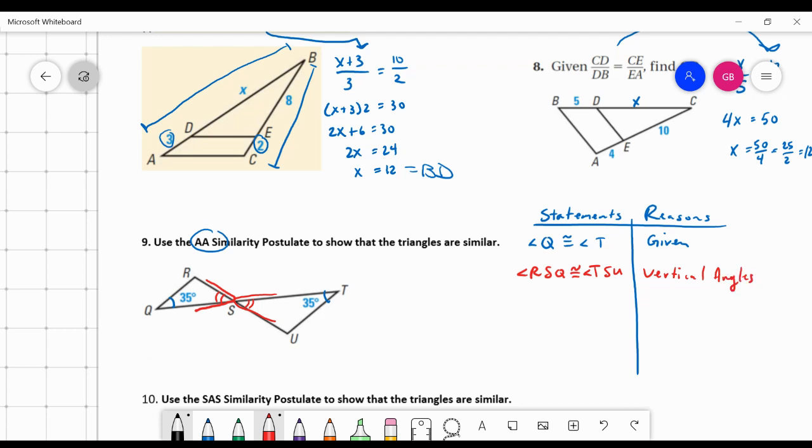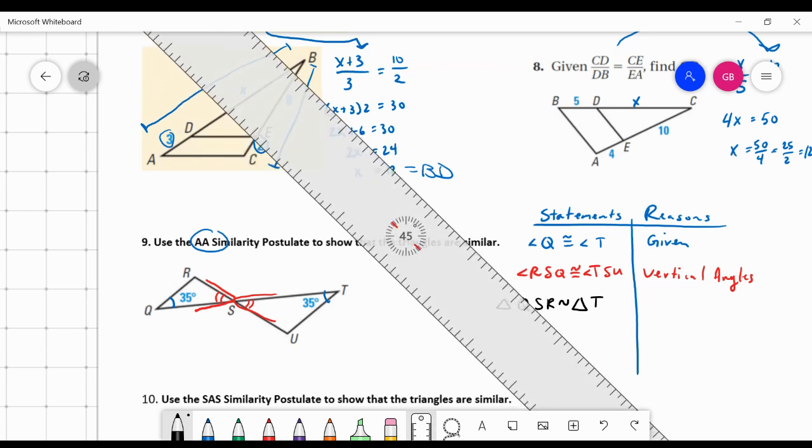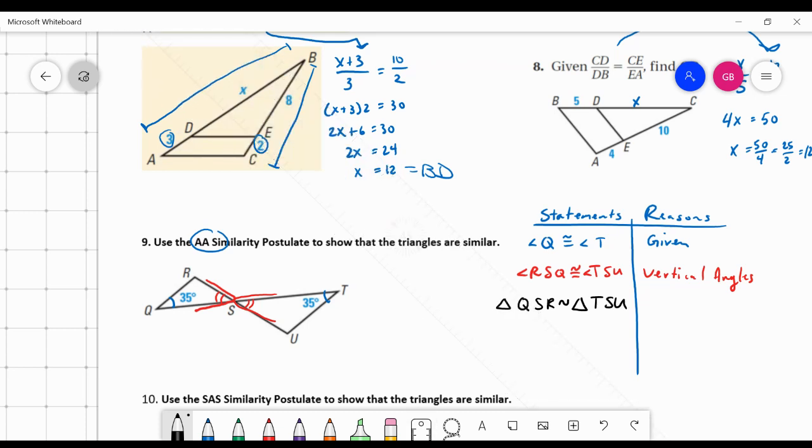Okay. Now, since I have two pairs of congruent angles, I could say that the triangles are indeed similar. So triangle QSR is similar to triangle TSU. That's because of the angle similarity theorem.